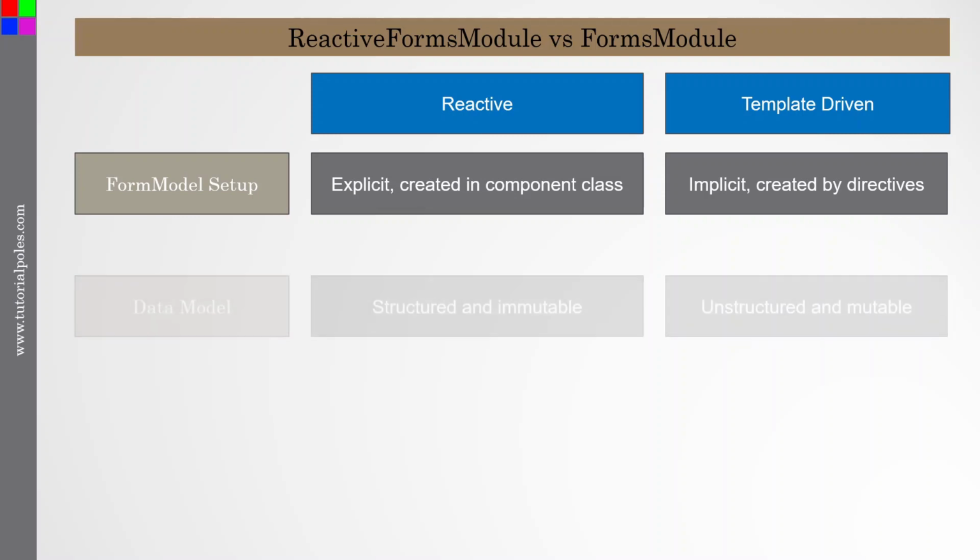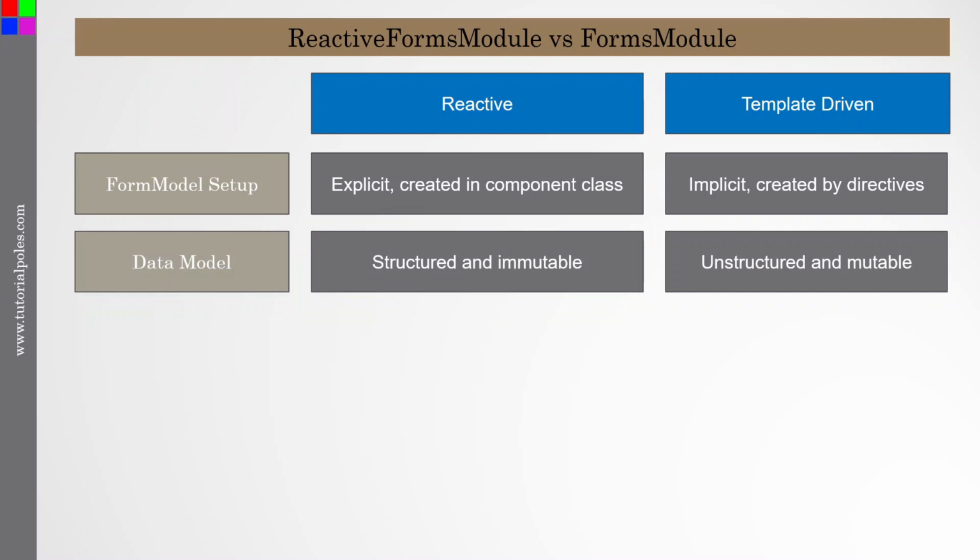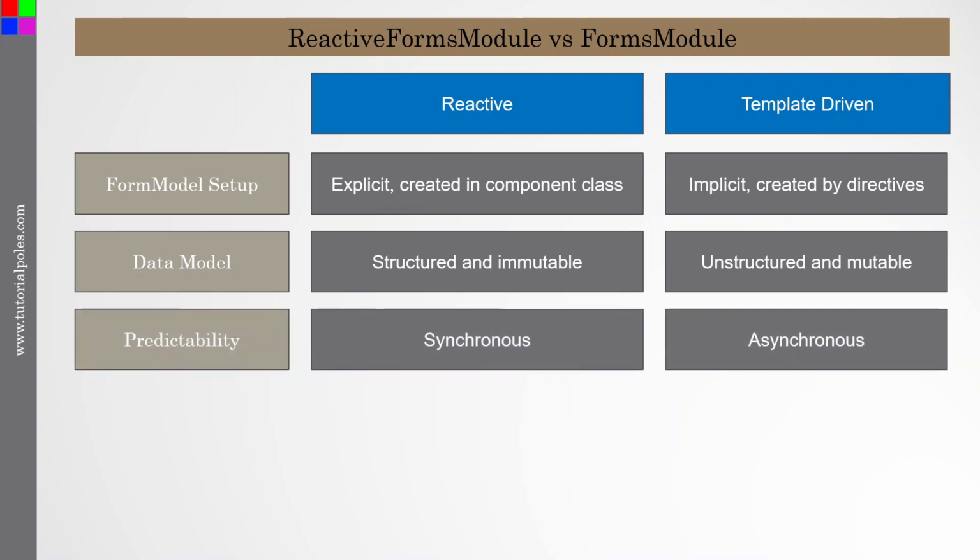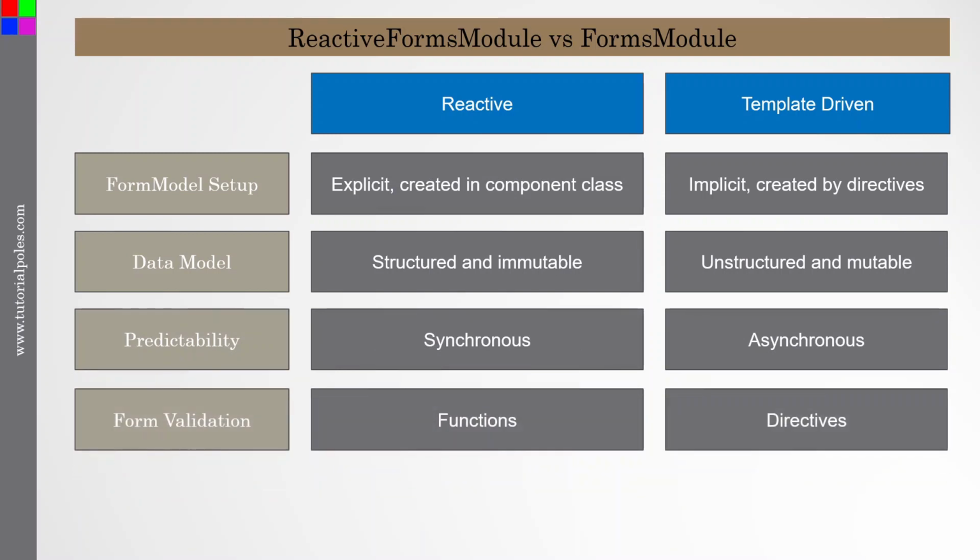The data model in reactive forms is structured and immutable, whereas in template-driven forms, it's unstructured and mutable. The predictability of reactive forms is synchronous, but it's asynchronous in template-driven forms. Form validation is done using functions in reactive forms. On the contrary, validation is done using directives in template-driven forms.